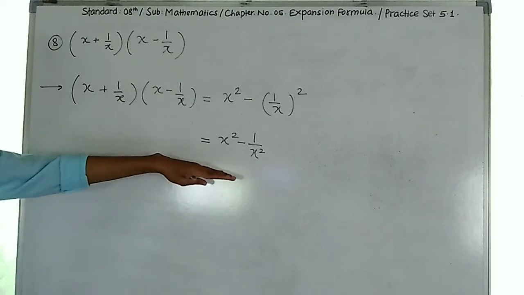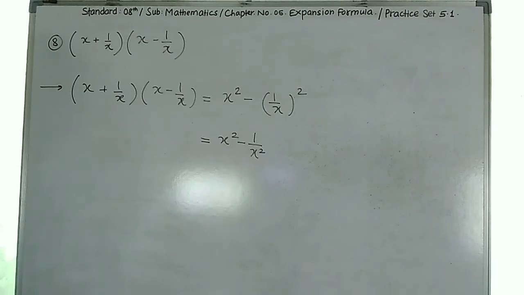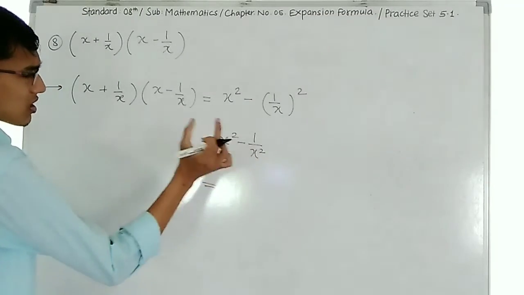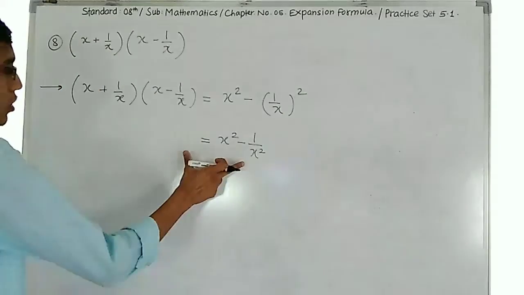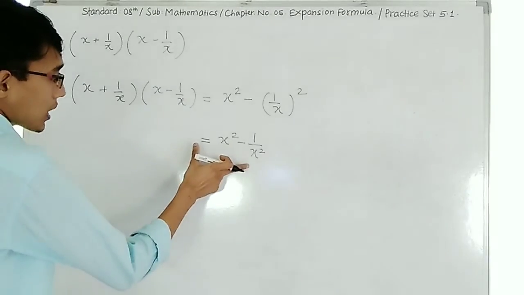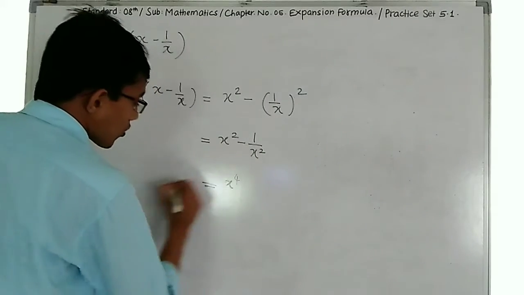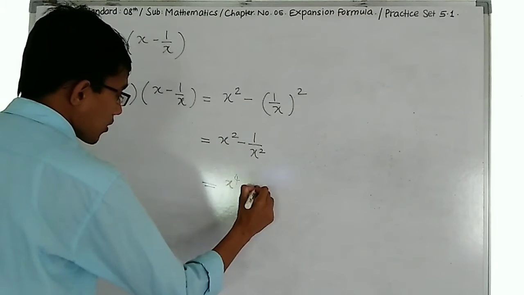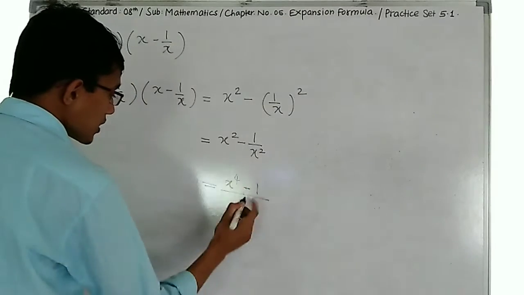This is also a correct answer, but if you want to simplify it, if you want to make a single term, what you can do is x² into x², that is x⁴, minus 1 into 1 is 1, upon x² into 1 is nothing but x².